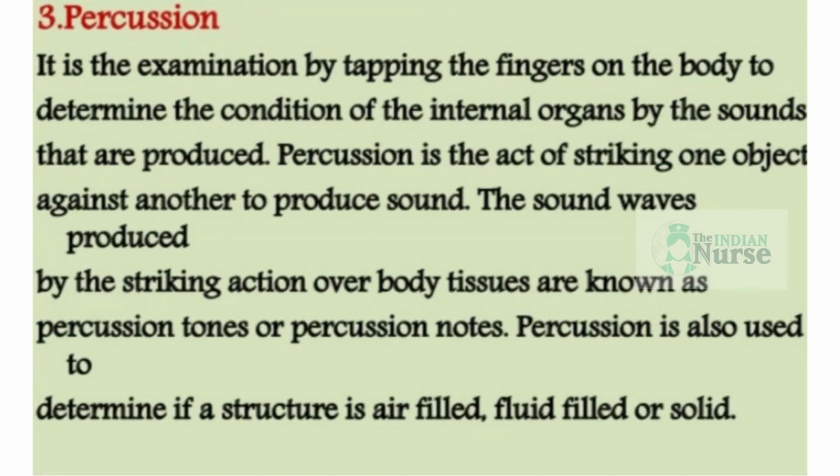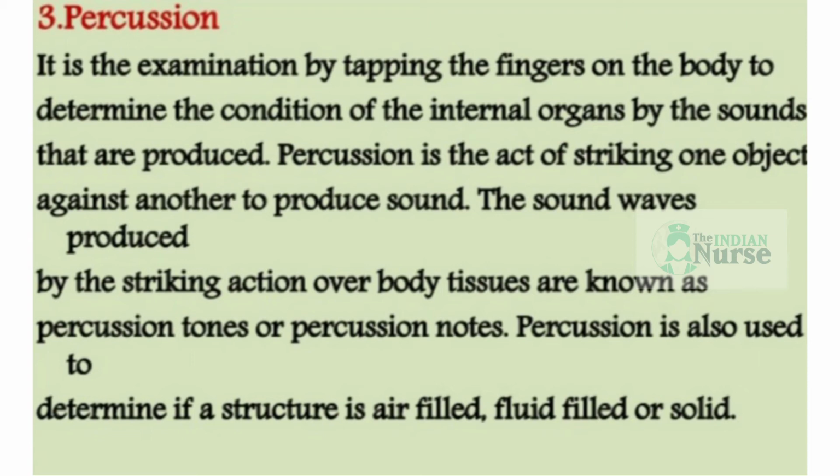Third one is percussion. It is an examination by tapping the fingers on the body to determine the condition of the internal organ by the sounds that are produced. Percussion is an act of striking one object against another to produce sound.